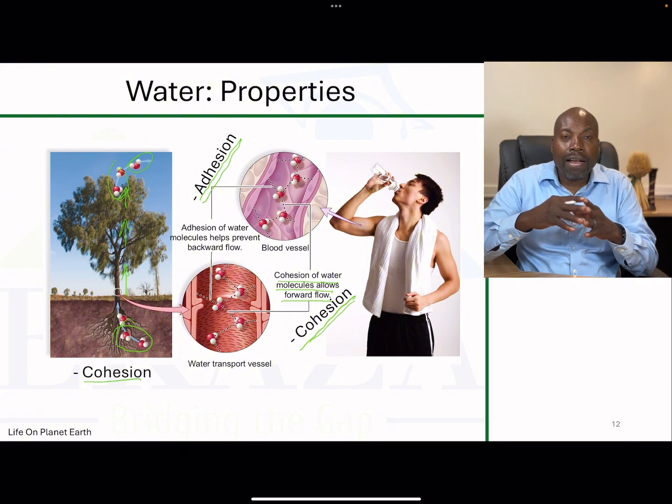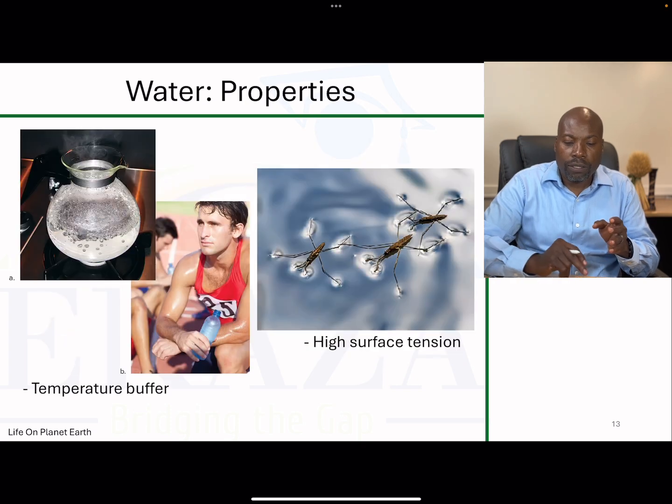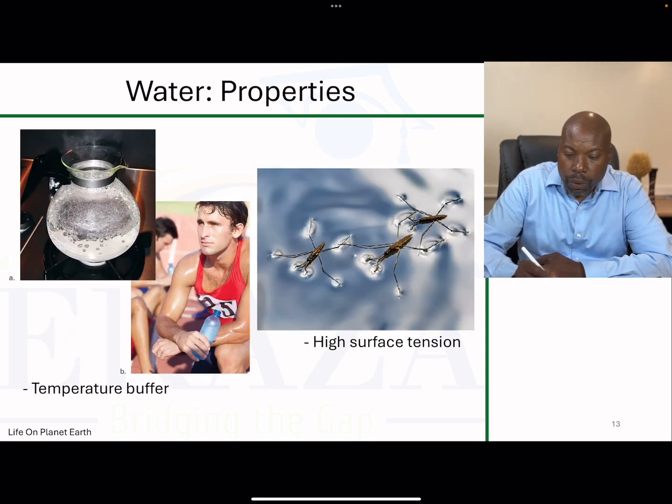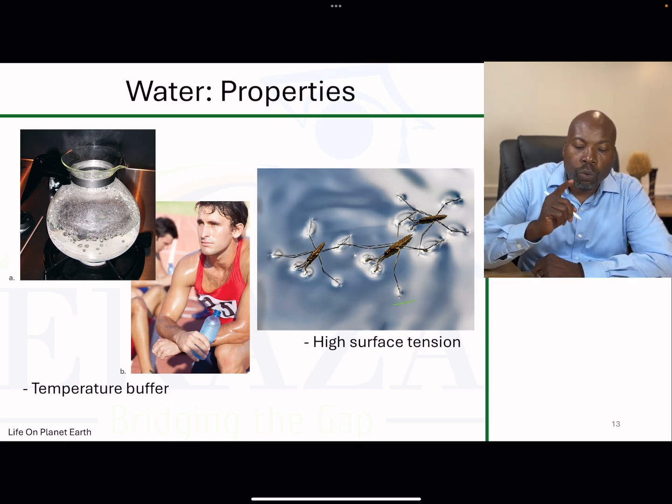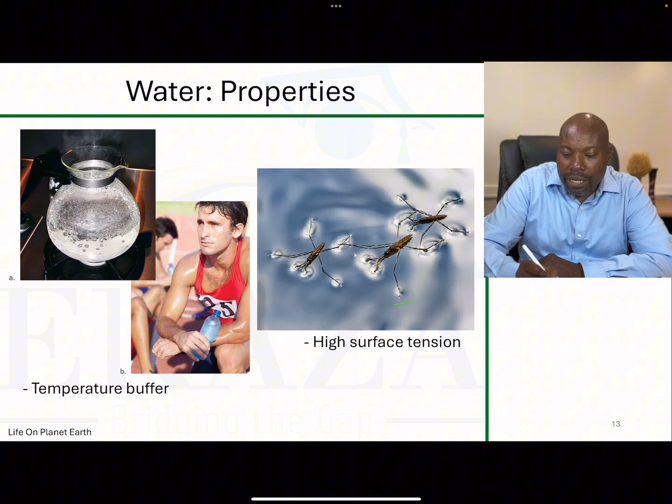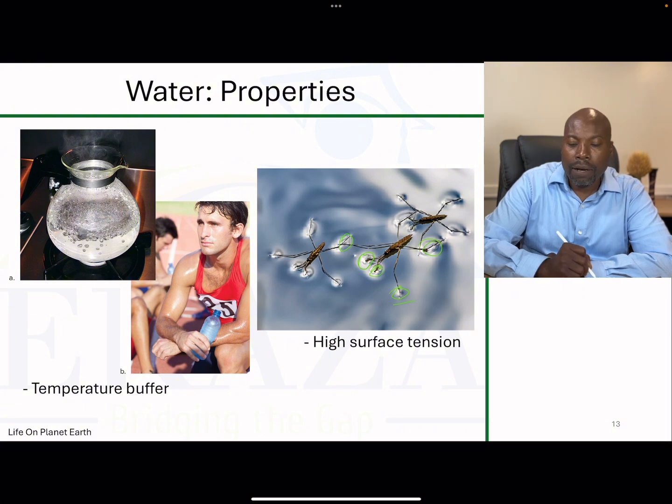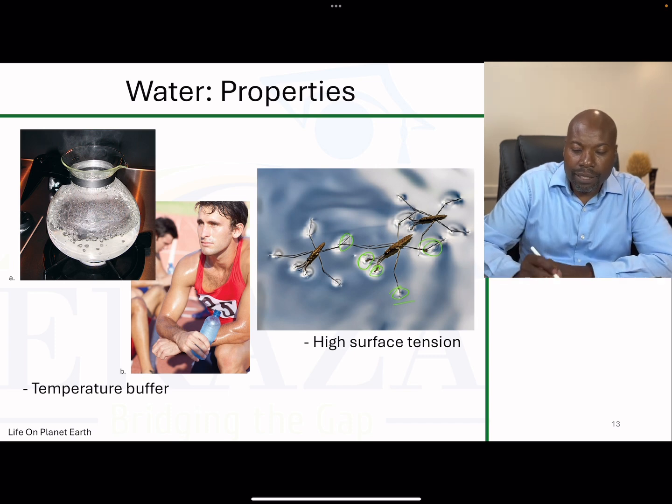Because now we have a property which is the surface tension of water, right? So here we have these water striders that are literally able to walk on water because the water molecules are sticking together, while underneath the feet of these insects, you have water repellent molecules. And these water repellent molecules are the ones that allow this insect to literally walk on the water.